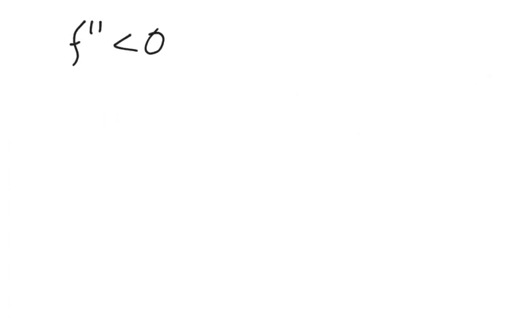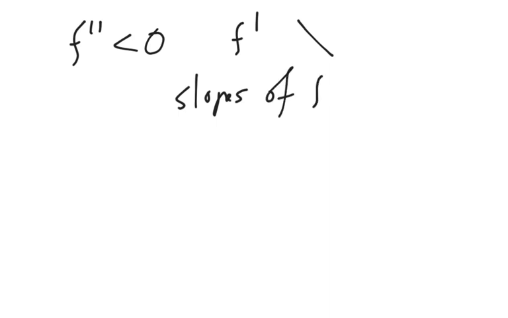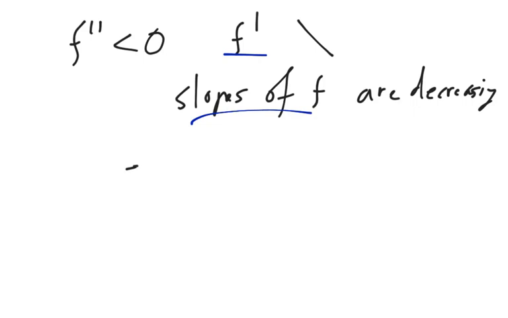Similarly, if f double prime is less than 0, that means that f prime is decreasing, which means that the slopes of f, because that's f prime, are decreasing. And so if you had a slope at 0, the next slope would be negative and then more negative, and it would continue to curve downwards, and same on the other side.